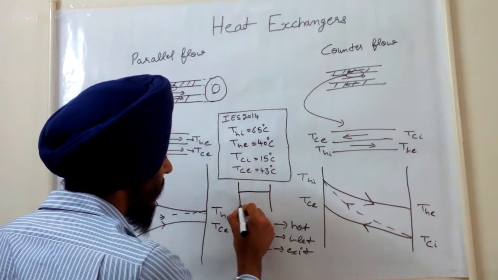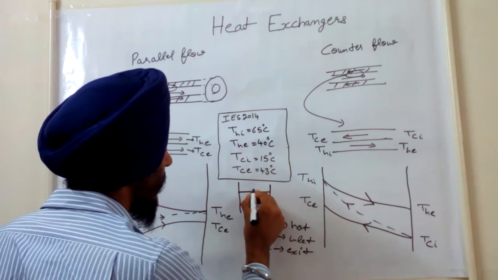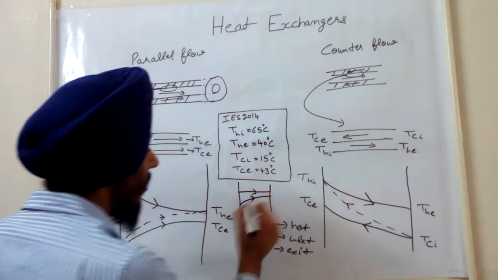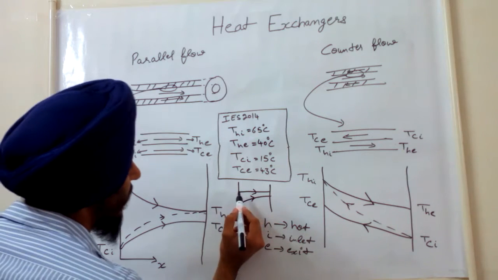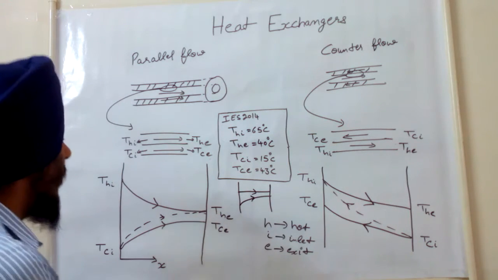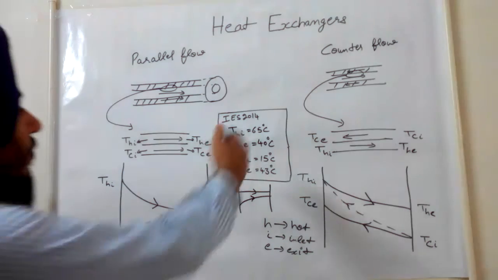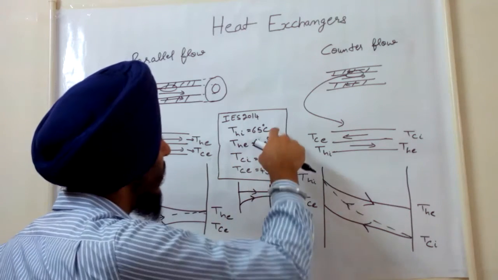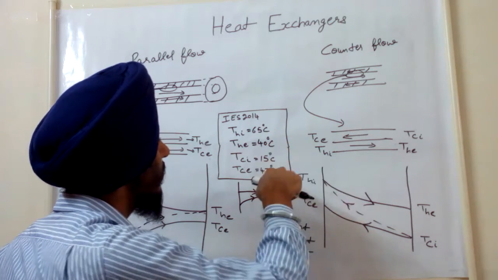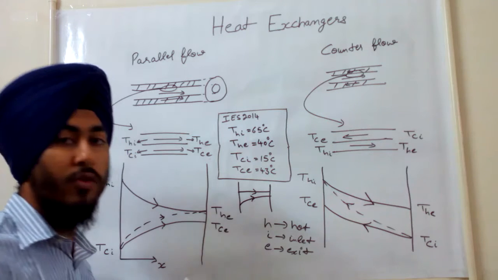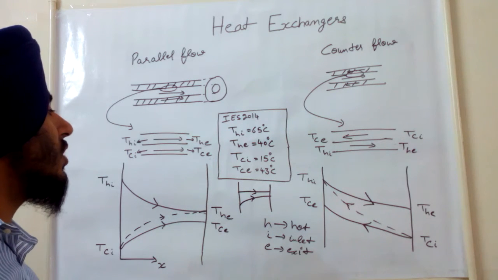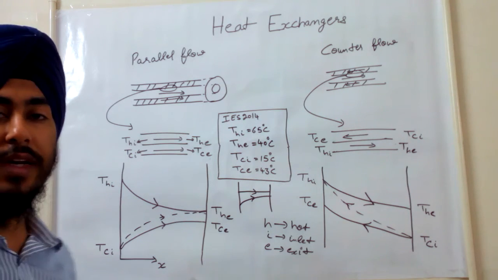So it is something like this, in case of parallel flow. So one temperature doesn't change, but here in this case we can clearly see no temperature is constant. So it is not the case of phase change. So the answer of this question is counter flow heat exchanger.